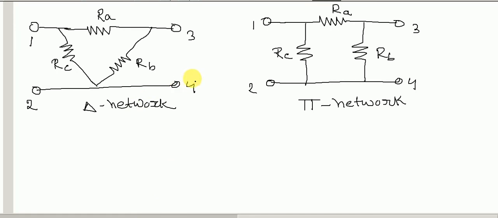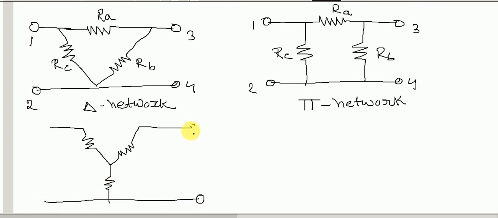Now let us draw the star. What does the star network look like? This is Y connected, we call it a Y network. Pardon me, the space is very less, I hope you can understand.